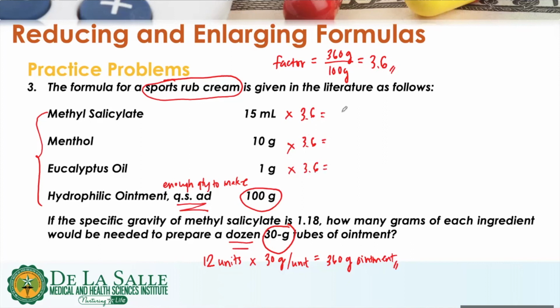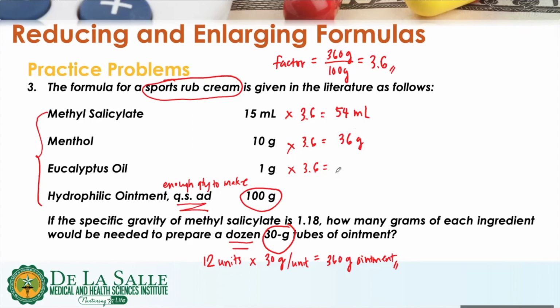For methyl salicylate, in order to prepare 360 grams of the ointment, we would need 15 milliliters times 3.6, and that is equal to 54 milliliters. For menthol, we would need 10 grams times 3.6, which is the factor, and that is equal to 36 grams.